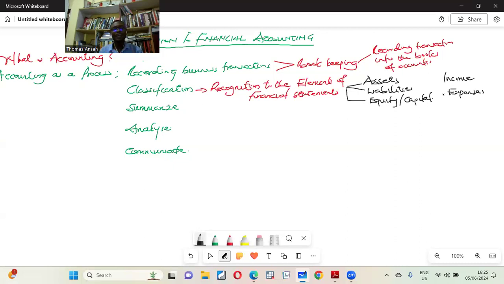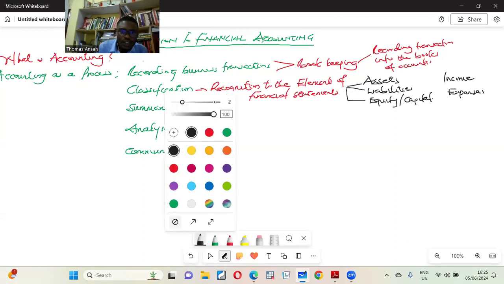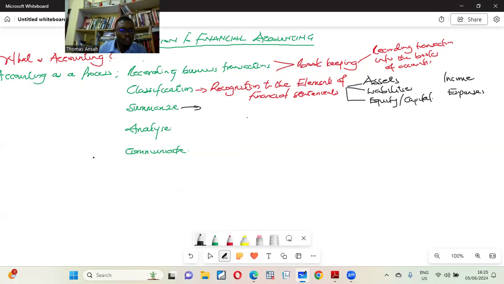Now, after you have done the classification, then you are going to summarize the thing. When you are summarizing, that is where you are going to do something called profit and loss, so what we call the income statement. You will summarize it into an income statement.